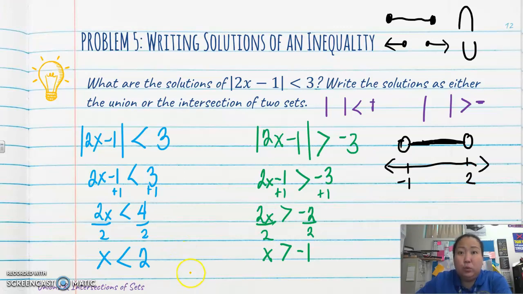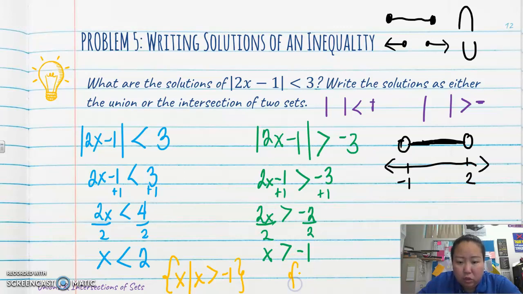Since we are using sets, we will be using set builder notation to show the intersection and union. So we have the set of x wherein x is greater than negative 1. The other set is the one where x is less than 2.